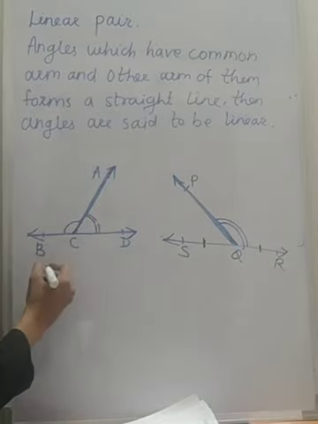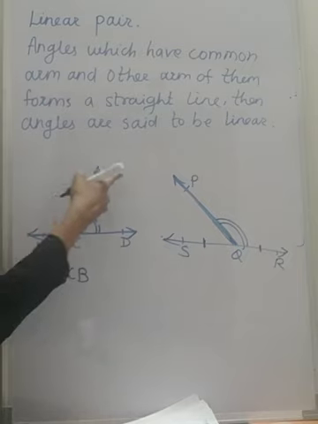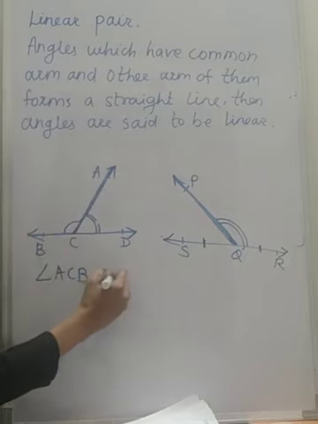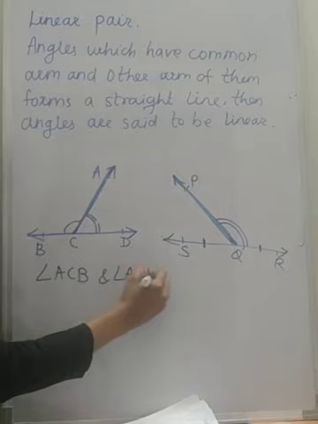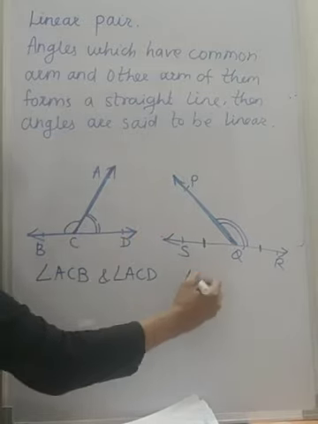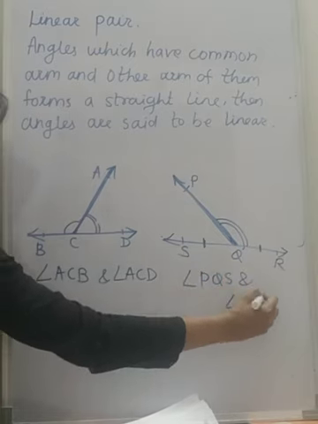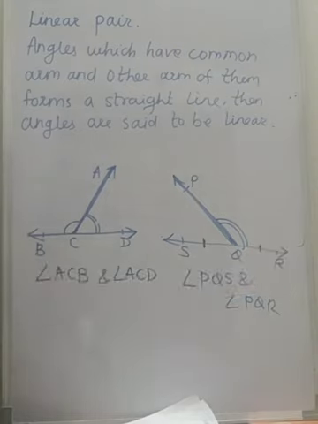If I ask you to write the pair of linear angles, then angle ACB and angle ACD is a pair of linear angles. And what about this? Angle PQS and angle PQR is the second pair of linear angles. Write down.